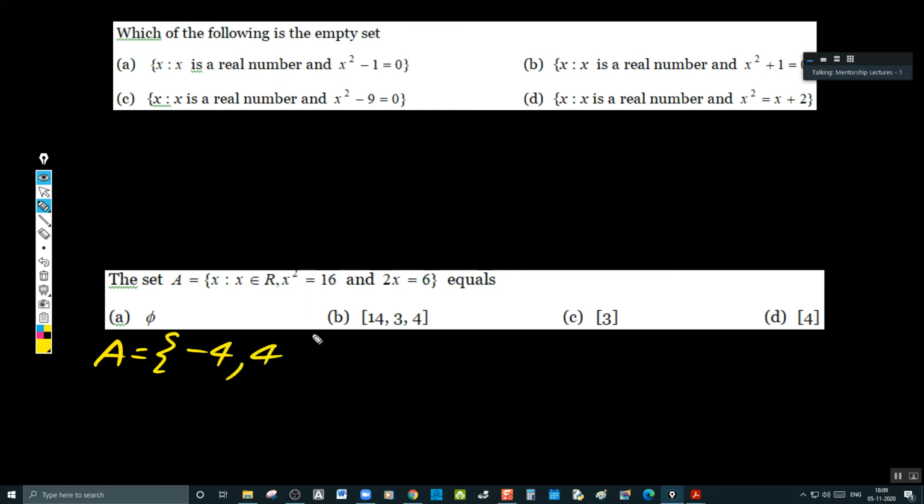You'll get it here. He is saying and here 2x is equal to 6. That means x is 3. Is there any common number for these two?